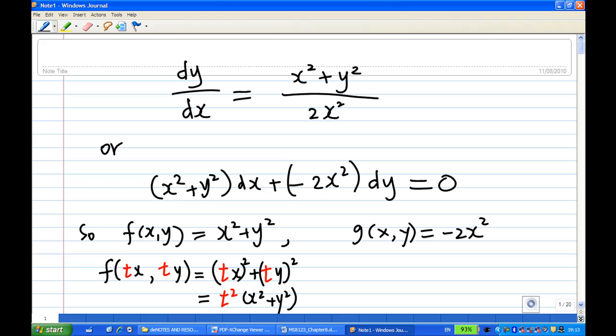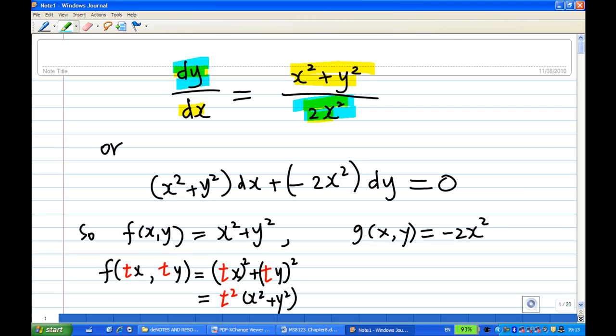Now our equation is dy/dx equals (x squared plus y squared) over 2x squared. Rearranging, you get (x squared plus y squared) dx minus 2x squared dy equals 0. Right? So we have this type of equation.